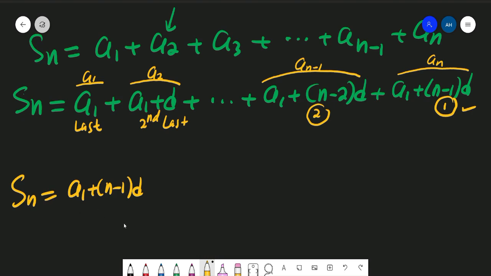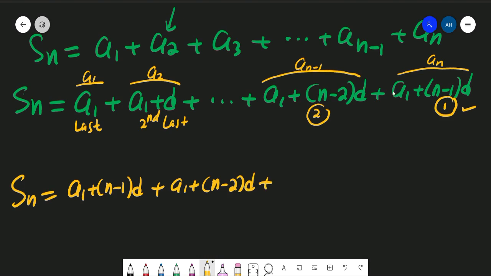I want to rearrange my terms now, plus my second term. My second term now is the previous second last term. So let's write it down: a1 plus n minus 2 times d.